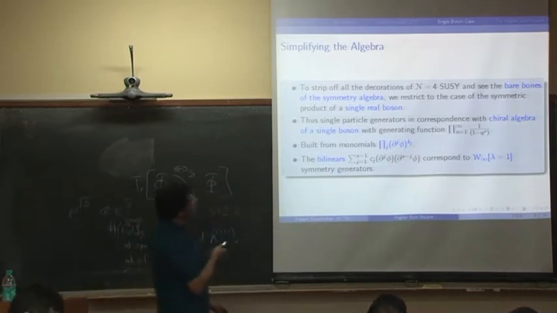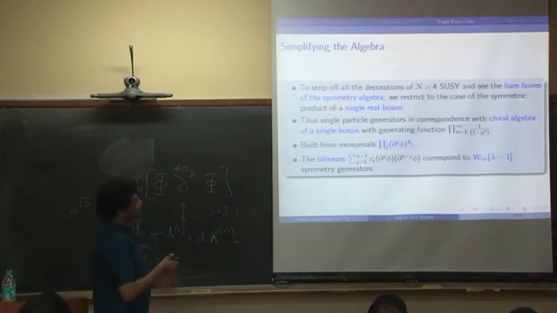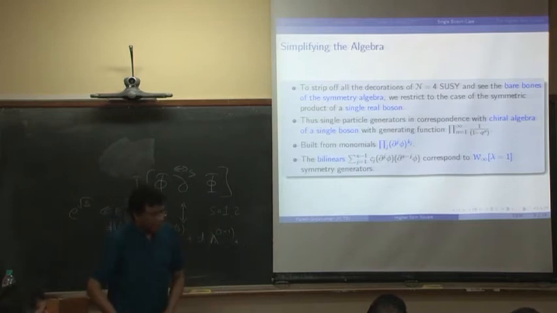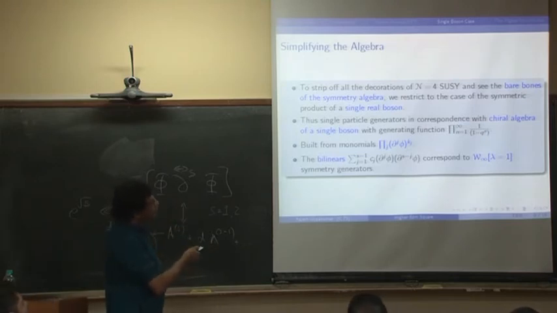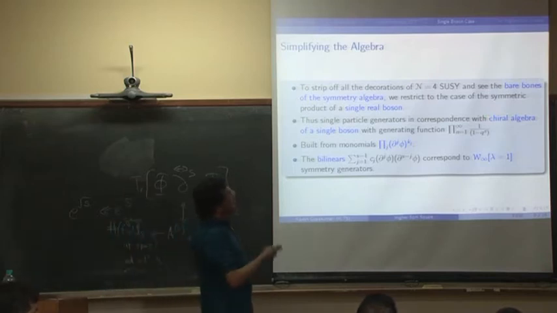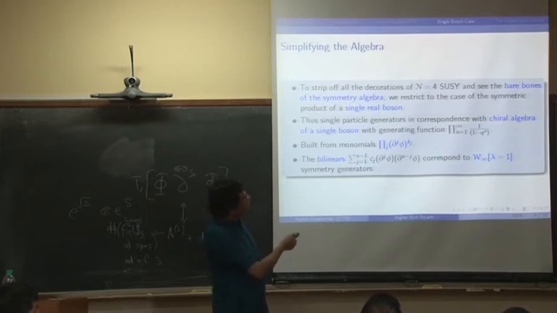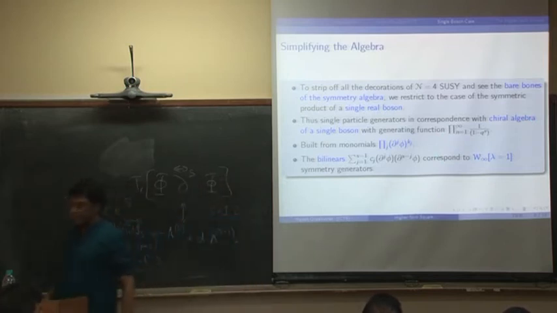So by focusing on a single boson, you can see the structure most simply, because if you were to do the analogous statements that I made, if you now consider the symmetric product of a single boson, the chiral algebra, the single particle generators would be in correspondence with the chiral algebra of a single boson. And as I said, the chiral algebra of a single boson is just the usual partition function generator.